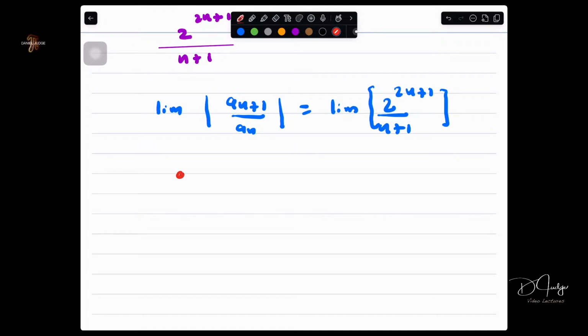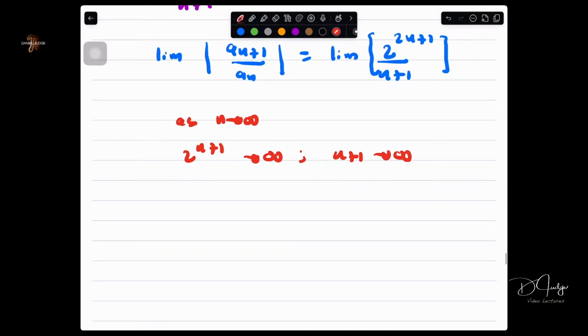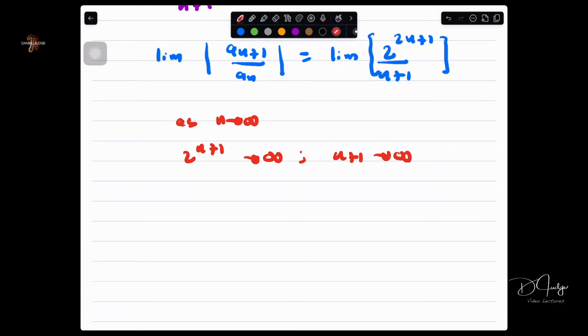So I'm going to say this to you guys. As n gets big, 2 to the 2n plus 1, which is exponential, goes to infinity. n plus 1 goes to infinity. The numerator goes to infinity faster. So I'm going to say this goes to infinity here.